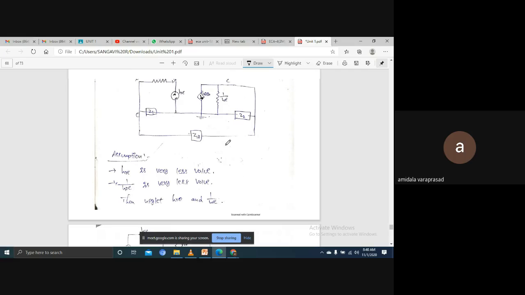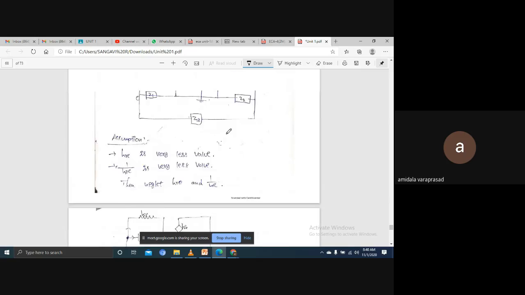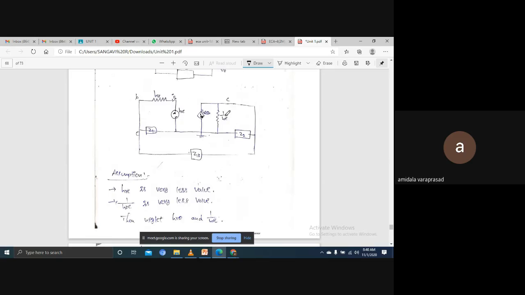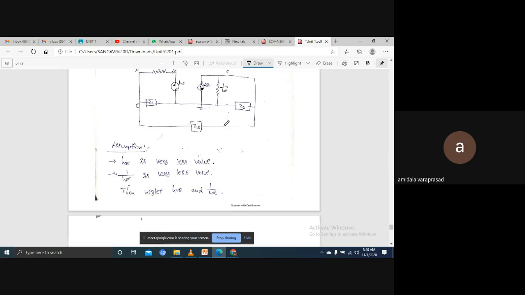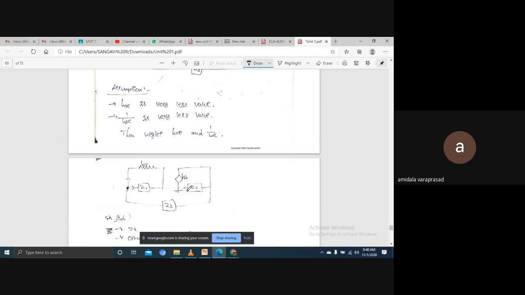Then here we can get a short circuit, and this value we can neglect in essence. Minimum current will be there, in the opposite direction, so you can take it as an open circuit here. Then neglect this one, and we can get this equation.